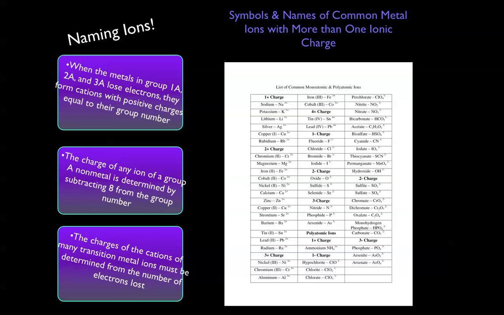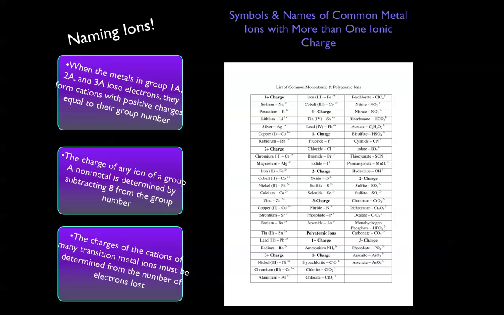Naming ions. When the metals in group 1A, 2A, and 3A lose electrons, which we learned about those groups, they form cations with positive charges equal to their group number. And this would all make sense if you have gone through this process, which we have gone through. And the charge of an ion of a group A nonmetal is determined by subtracting 8 from the group number.